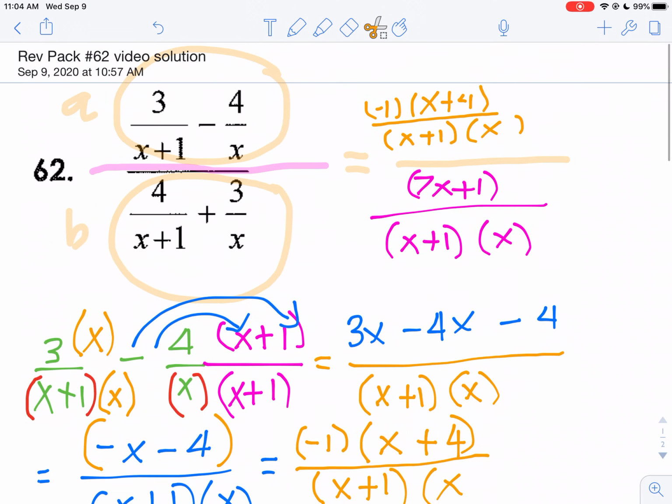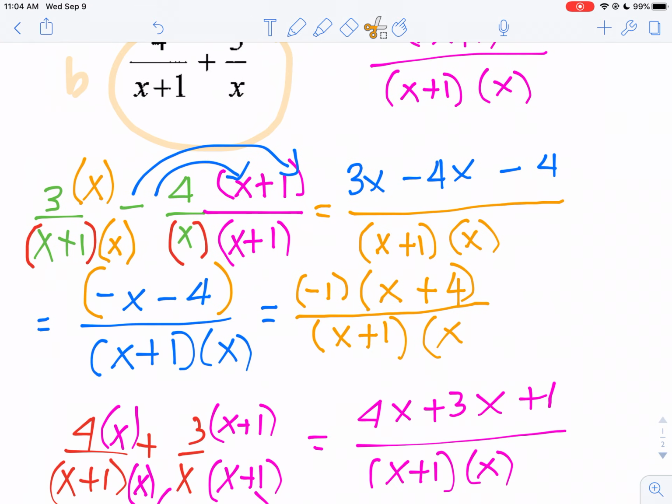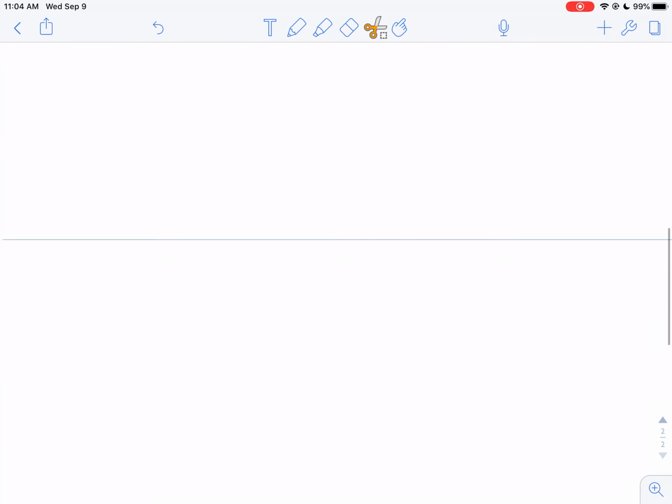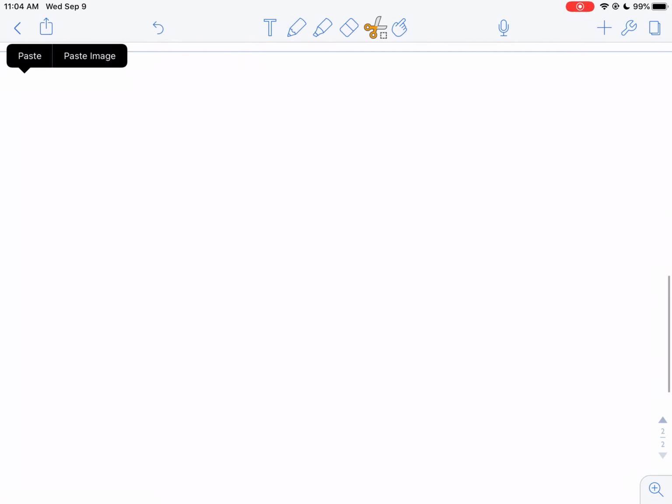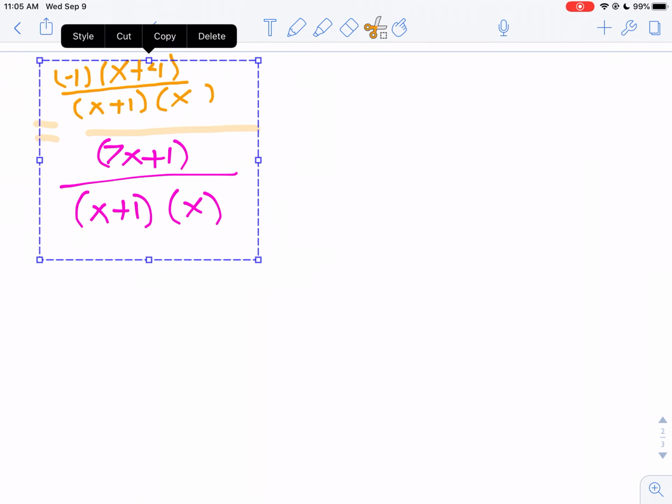I need to cut. Or maybe I'll just copy. And putting it here. All right, and we are going to go ahead and finish from here.